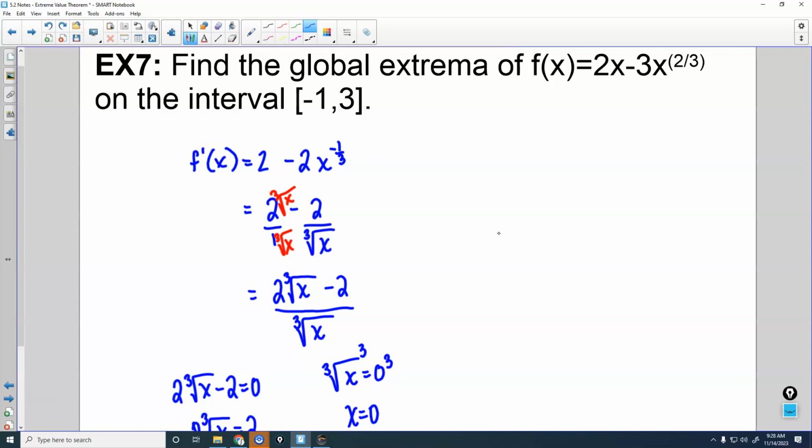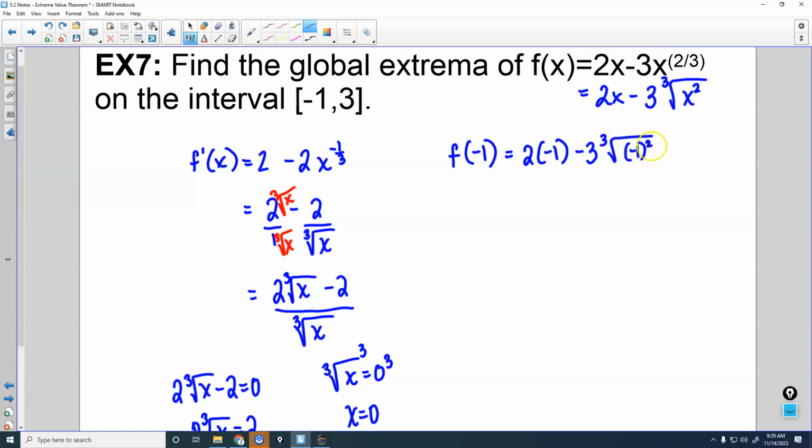So if I do f of negative 1, I'm going to rewrite this first. I'm going to do this 2x minus 3 times the cube root of x squared, just because it is a little easier for me to think of it that way. So I'll have 2 times negative 1 minus 3 times the cube root of negative 1 squared.